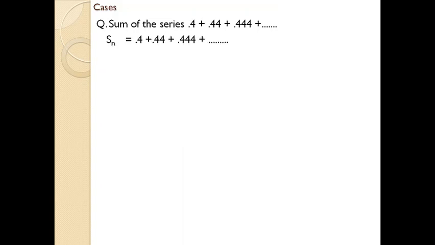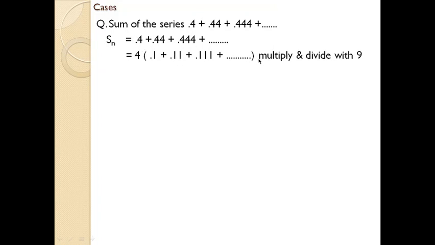In this case, we can alter this situation by taking a common number outside and multiplying it with a series of numbers within the bracket. Here we can take 4 as a common number, and within the bracket you can use 0.1, 0.11, 0.111 like that, so that if you multiply the common number 4 with each individual item in the bracket, you will get the series just preceding this one.